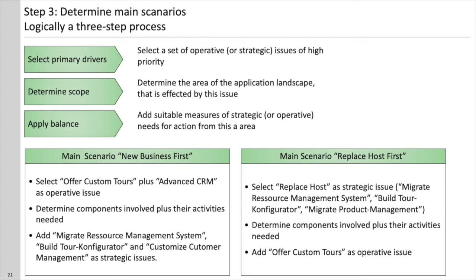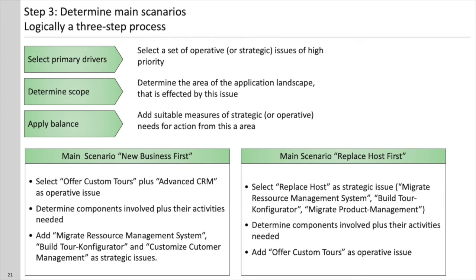And the idea of systematically doing scenario analysis is to define so-called main scenarios. Main scenarios, in the details and the actual number of lower level activities, may differ, but they describe the main idea behind this more or less already defined set of activities.